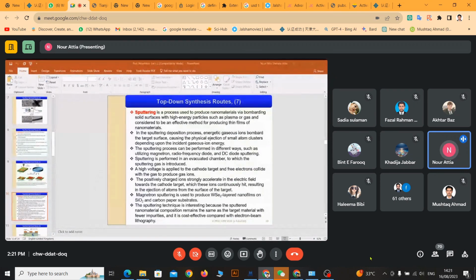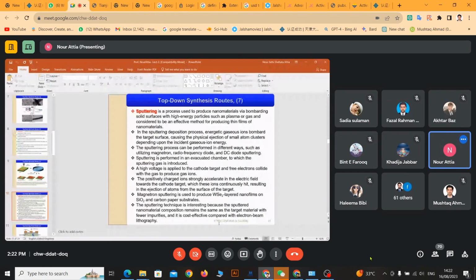People use sputtering for preparing the electrode in organic solar cells or hybrid solar cells, using special aluminium or something. So this is one way to prepare nanoscale material, by bombarding the solid metal surface using high-energy particles like plasma or gas, then collecting that on the surface. In this way you can prepare films of nanoparticles or electrodes and so on.